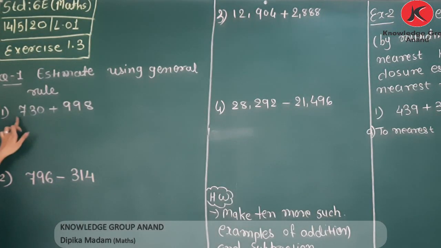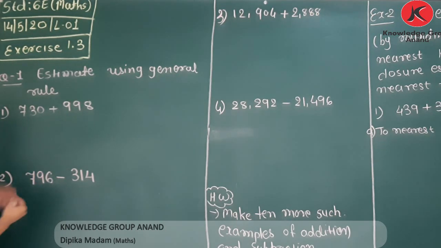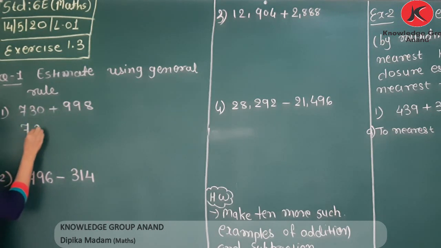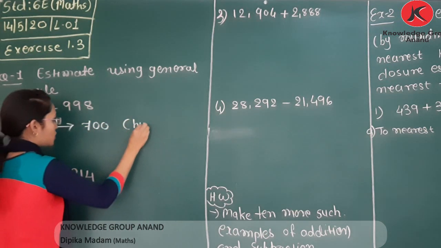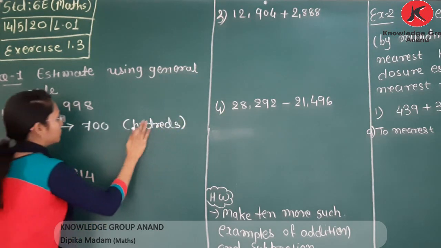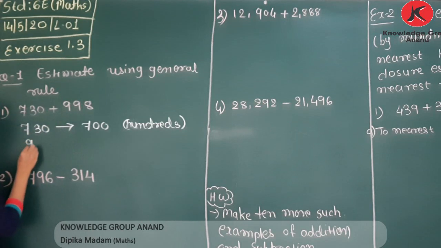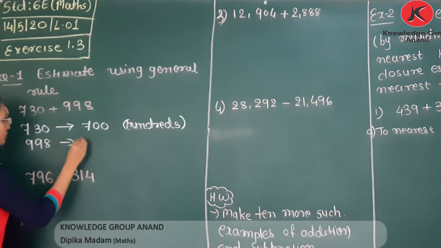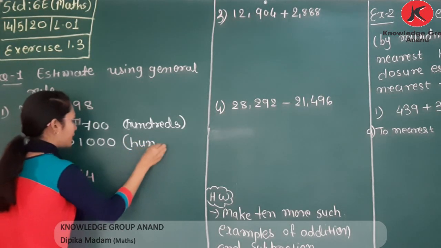Question number 1, that is 730 plus 998. You can apply any estimation. So here I perform 730 is estimated to 700, that is 100 estimation. And 998 becomes 1000, again it is called 100 estimation.